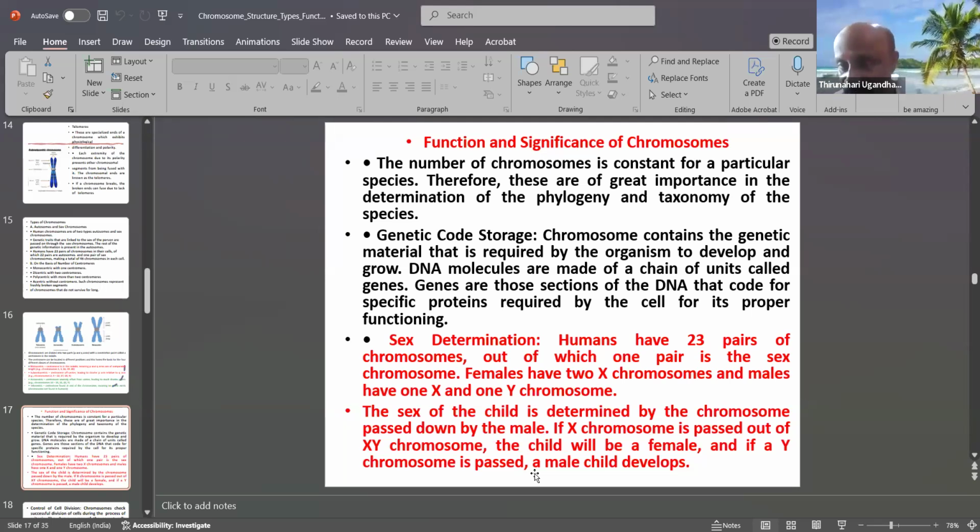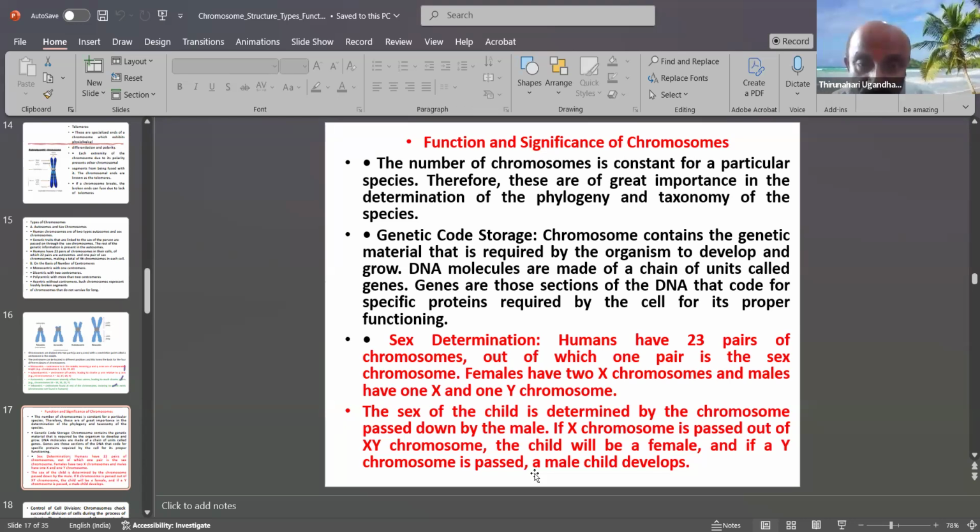So primitive plants develop into advanced types over a large number of periods. Primitive organisms develop into advanced characters. That type of study is called phylogeny.